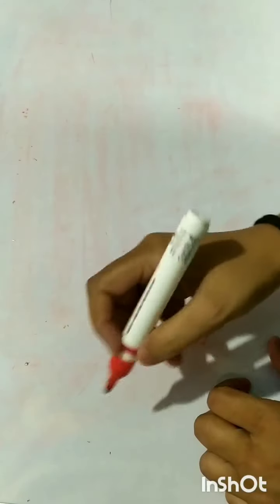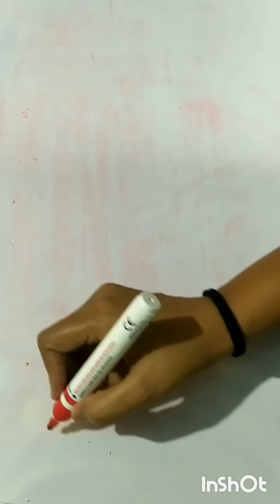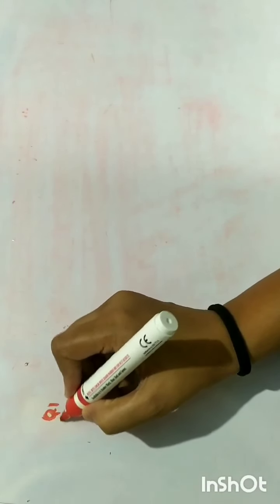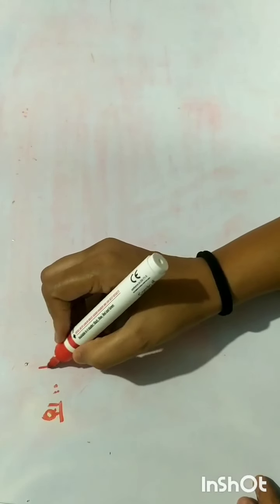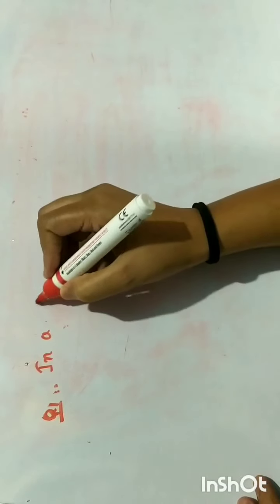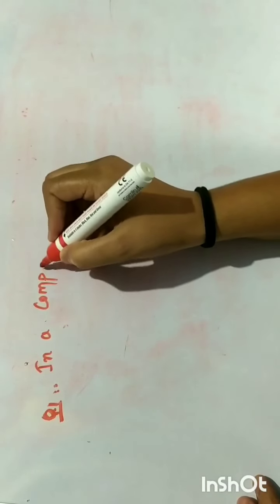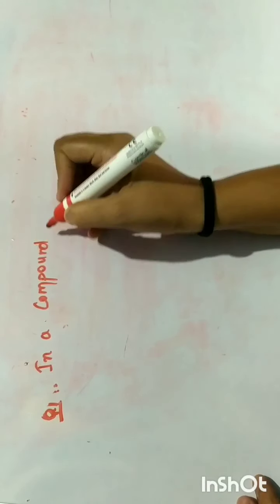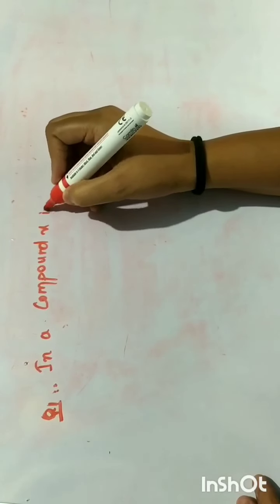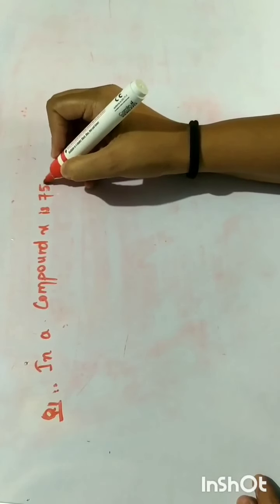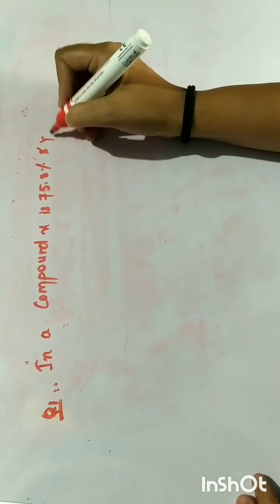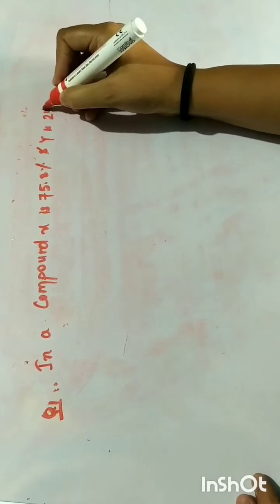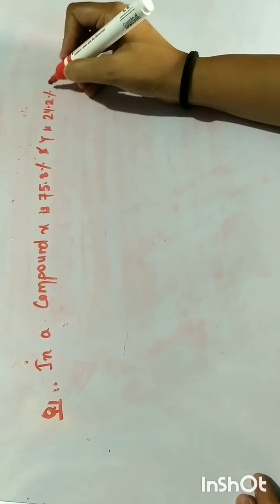So question number 1. In a compound, X is 75.8% and Y is 24.2% by weight.